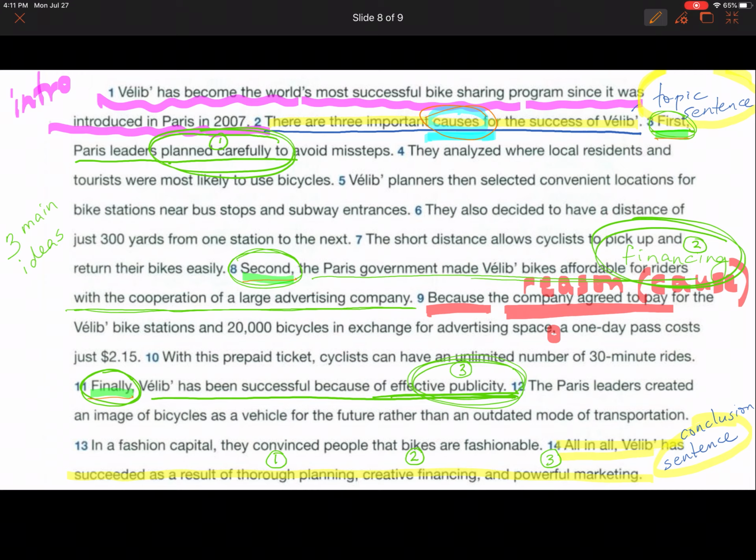So in this case, what is because signaling? Cause or effect? Because signals a cause or a reason. Because this reason, comma, this result.